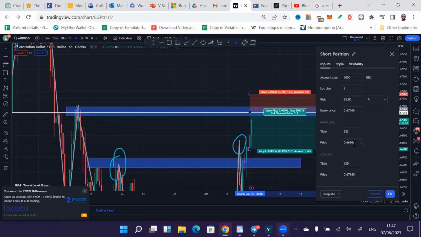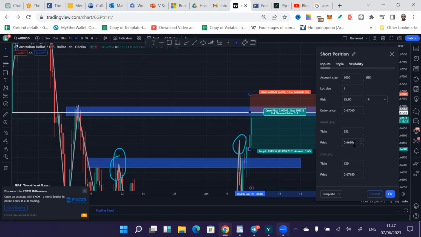Sell limit. Sell limit price is 0.67060. Stop loss is 0.67180. Then take profit is 0.66808.